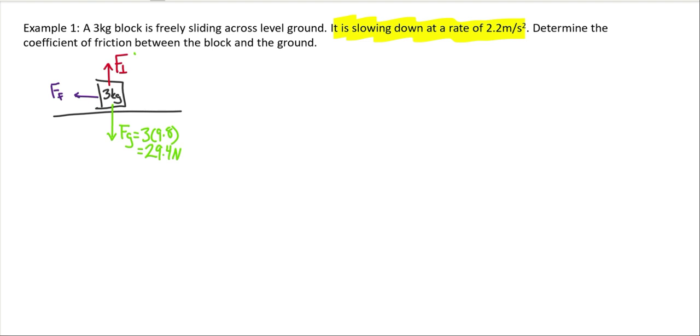So what direction is that acceleration? Well, if you're thinking about this, would this box be moving up or down, or would it be moving left or right? It's definitely a horizontal, left and right motion. So our acceleration is actually going to be slowing down, going that way at 2.2 meters per second squared.